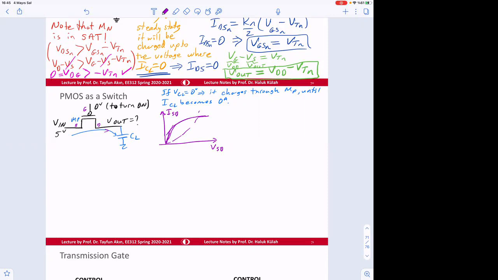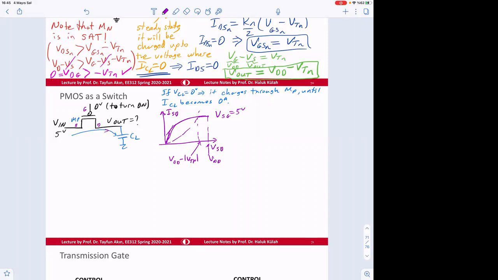This is the V source to gate is equal to 5 volt line. So this one is going to be VDD. And then this node is going to be the voltage, just to draw it precisely, minus VTP.